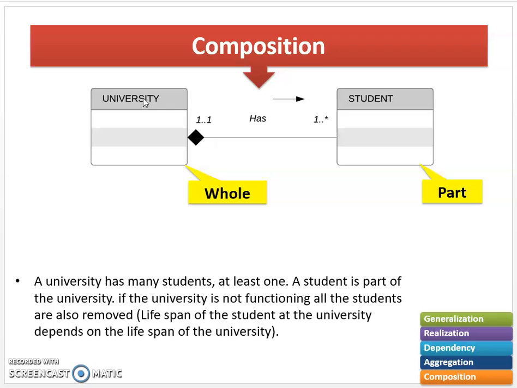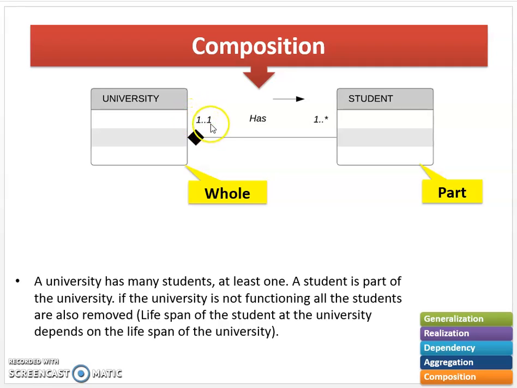Let's look at this example. A university has many students, at least one. We know that our multiplicity is 1 to many. A student is part of only one university, and we know that multiplicity is 1 to 1.